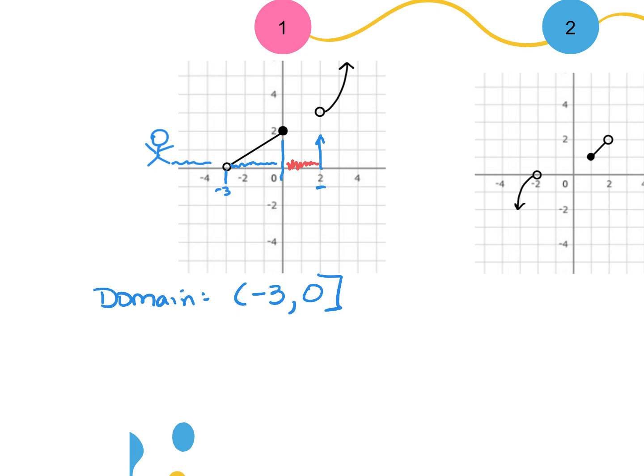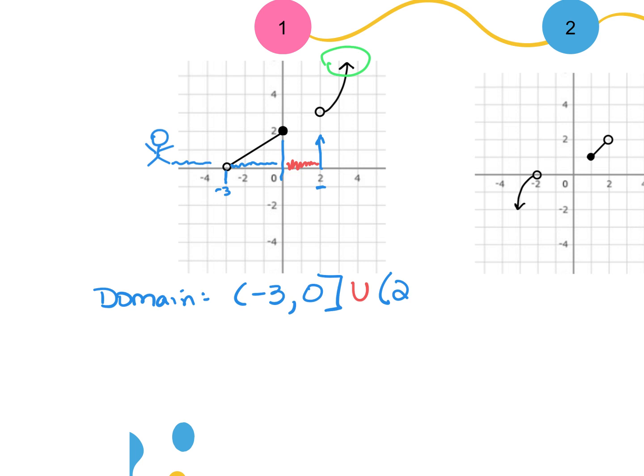Now I need to use the union symbol. So the gap, the red gap, would be where a U goes. And then it starts up again at 2. It's an open circle, so I use a parenthesis. Now, don't be misled by this arrow that's on the end here. It looks like it's pointing up, but if you think about it, it's actually pointing up and towards the right because it's sort of curved or slanted outward.